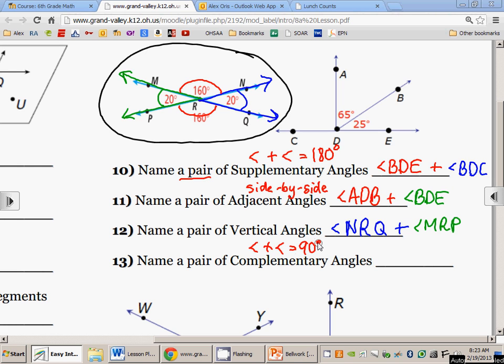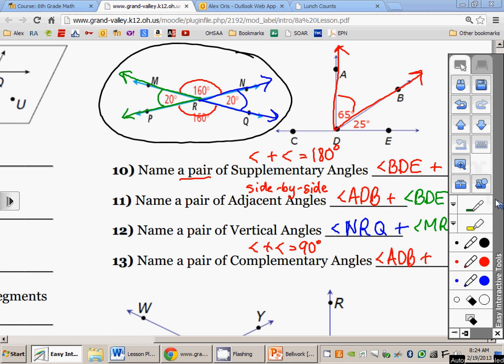Very good. So now we're looking for two angles that when you put them together equal 90 degrees. And what two do you see? Andrew? If we start with ADB, this angle right here, and what angle did he say was going to add to it?